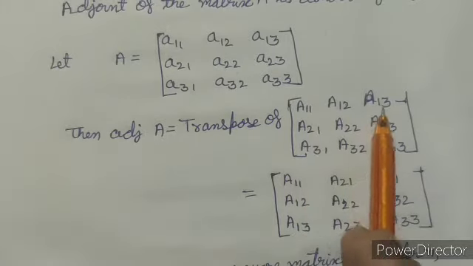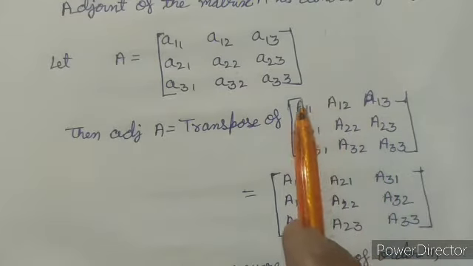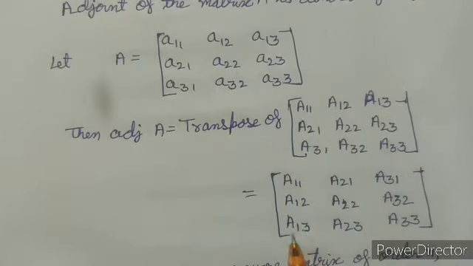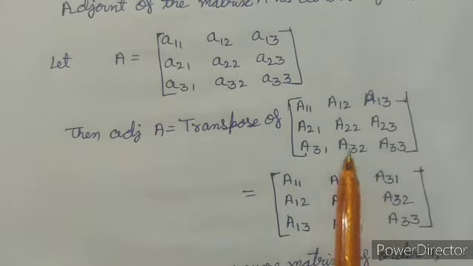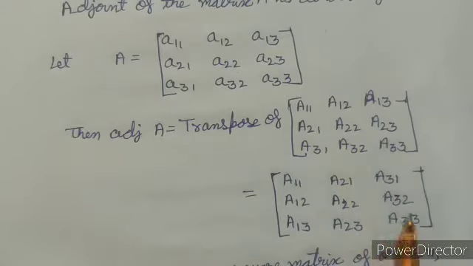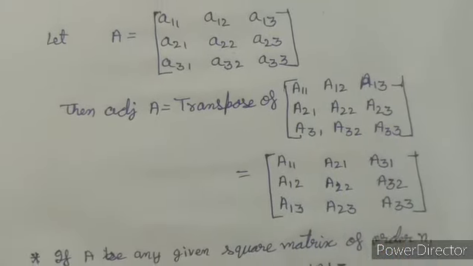So the first row of the cofactor matrix will become the first column of adj A, the second row will become the second column, and the third row will become the third column of adj A.